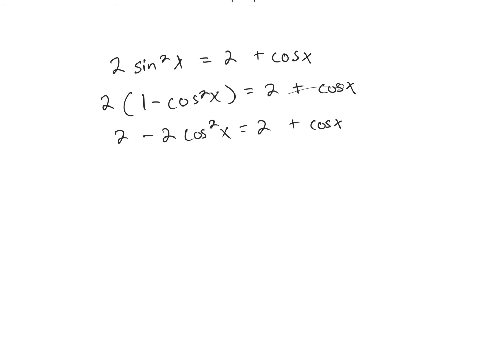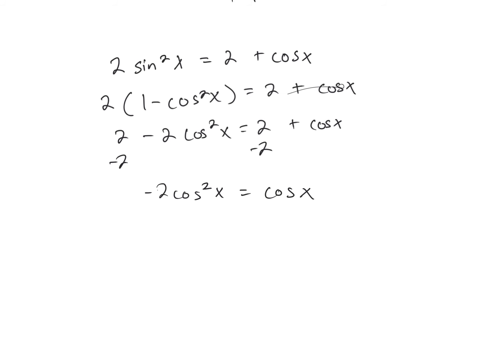Now I'm going to move everything to the left. If I subtract 2 from both sides, this gives me negative 2 cosine squared of x equals cosine of x.